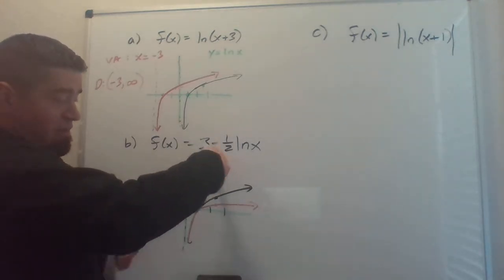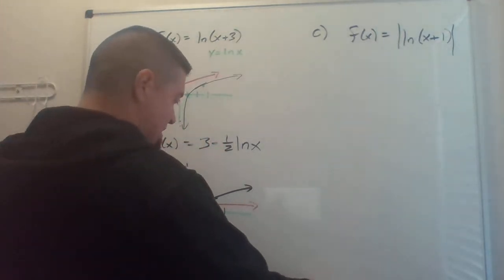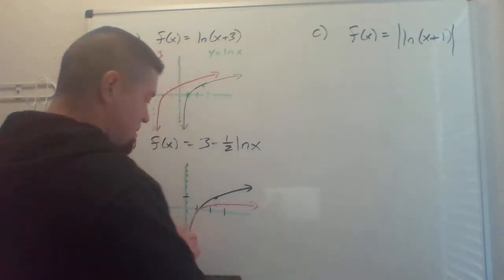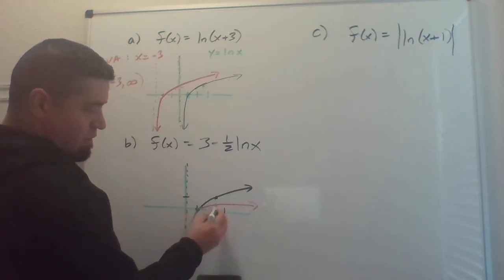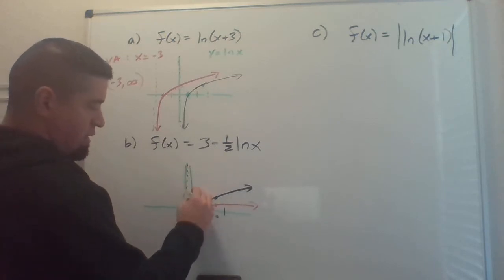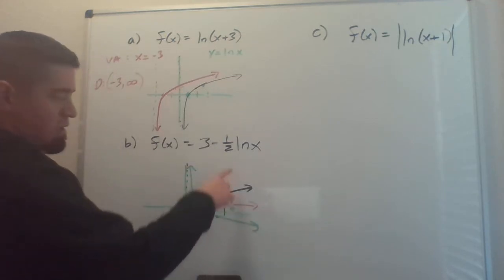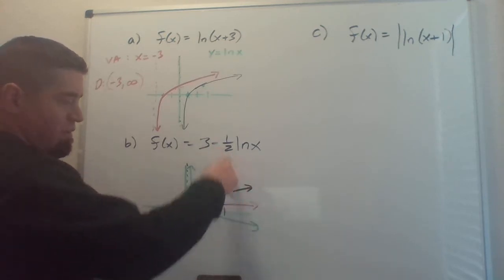The negative, that'll reflect it across the x-axis. So the reflection of these points in red, well, the reflection of this is just 0. The reflection of this would be half below. So this is the reflection.